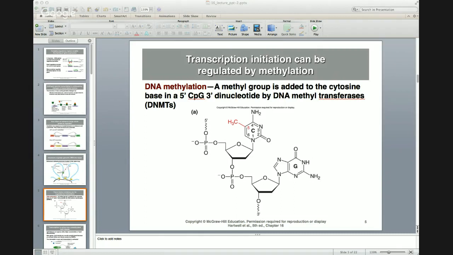Imprinting means the same as silencing. So here we have a paternally imprinted gene, and we have a male. If a male has the mutation, it is not passed on because it's a paternally imprinted gene.